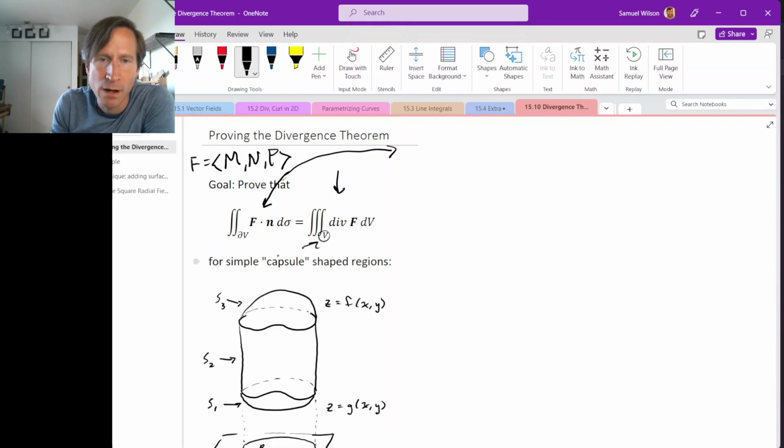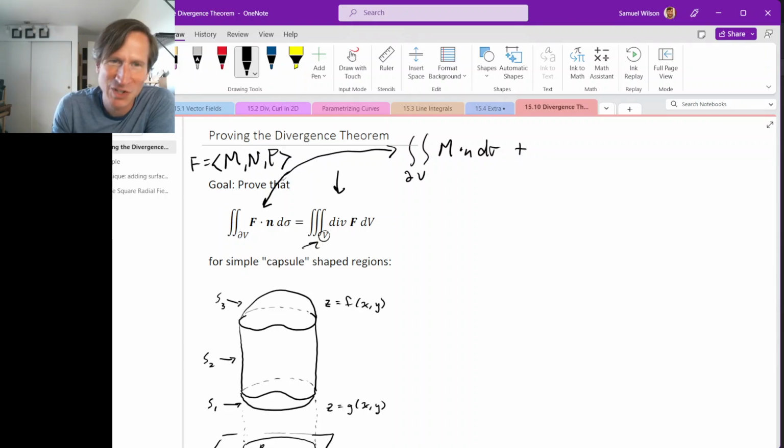So for the surface integral, this is the integral over the boundary of V of capital M dot the normal vector d sigma.